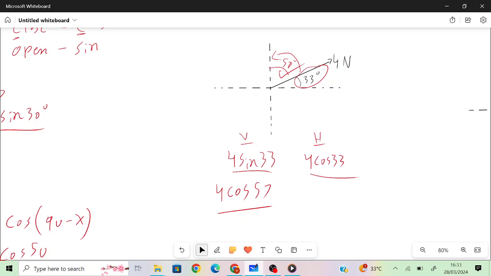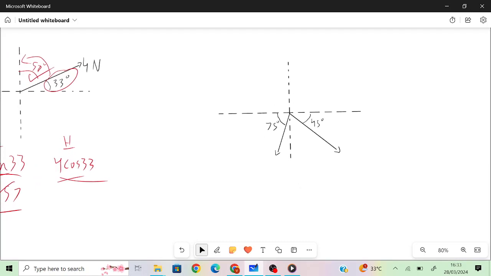So in short, I personally recommend that you use the answer form that has that particular angle in it. So in this case, not this. It's absolutely correct. If the exam board doesn't have a problem with it, go ahead and use it. But I would recommend using the one that has that angle. So 4 sine 33 or 4 cos 33.